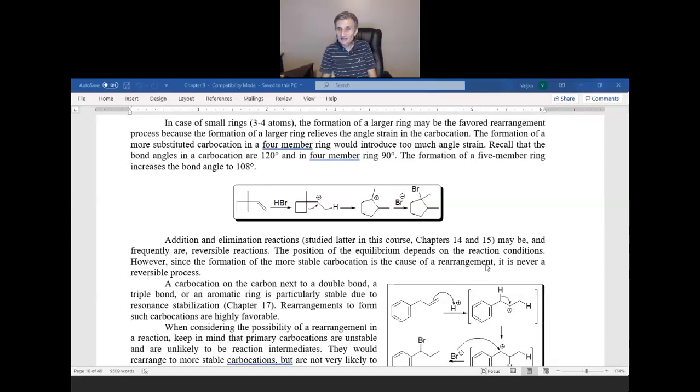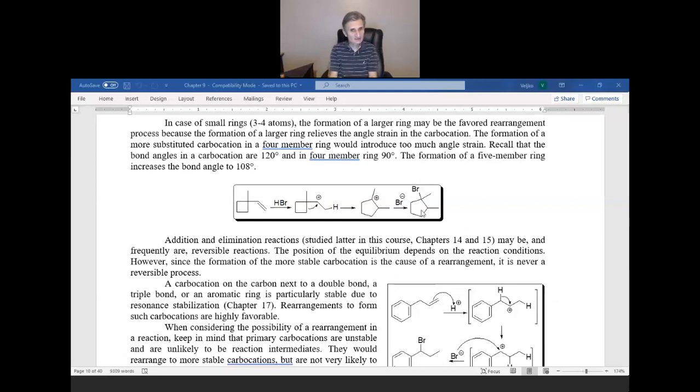Small rings are 3- and 4-membered rings. They have great degree of strain, as you may recall from chapter 4, first exam. And so for that reason, they always, as a result of rearrangement, undergo ring enlargement. So 3-membered ring, as a result of rearrangement, rearranges into 4-membered ring, and as shown here, 4-membered ring rearranges into 5-membered ring.